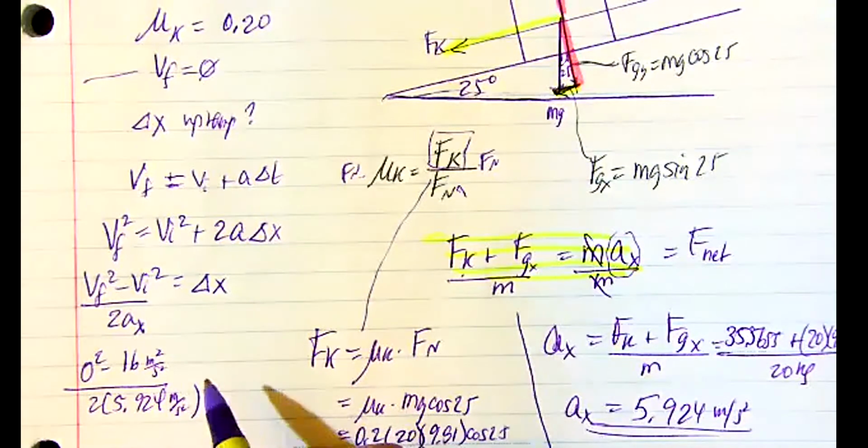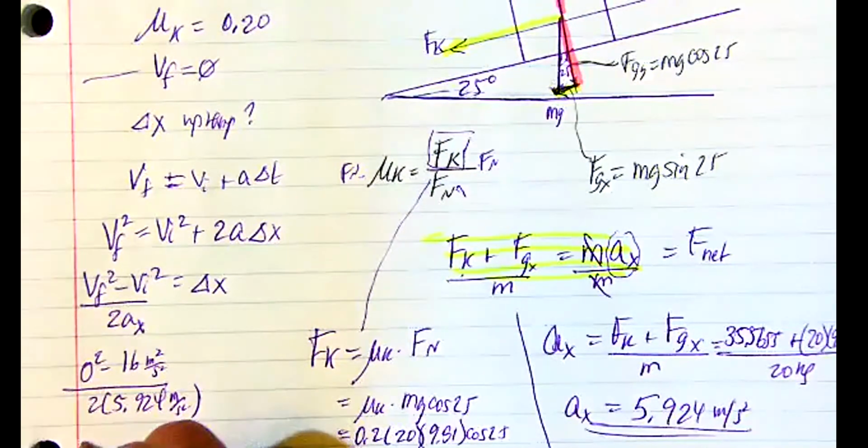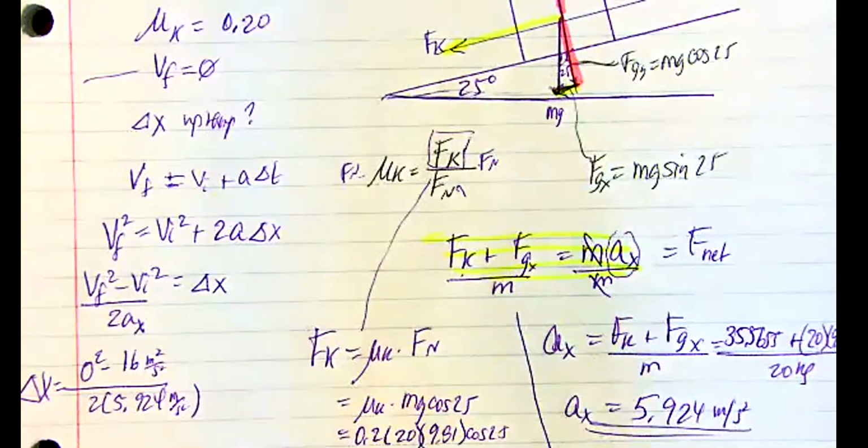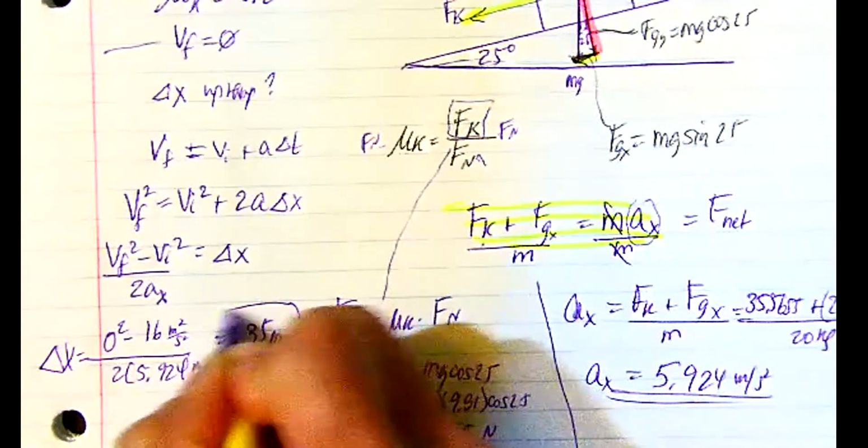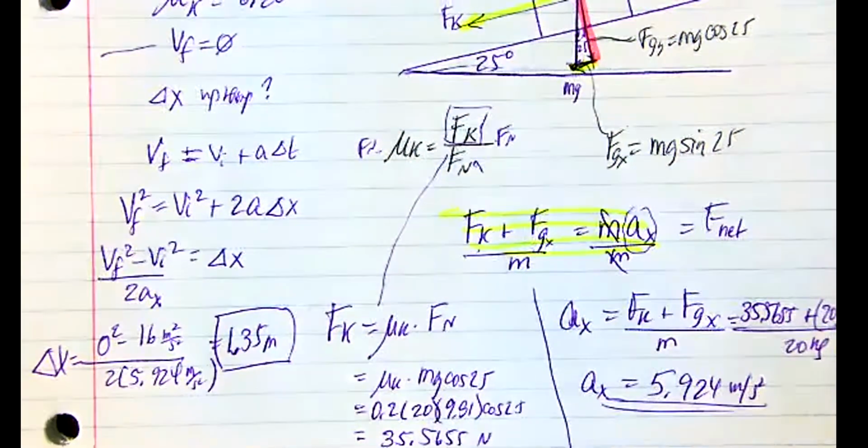It comes out to 1.35. This is delta x, so delta x is 1.35 meters. So that's how far it goes up. It goes pretty far.